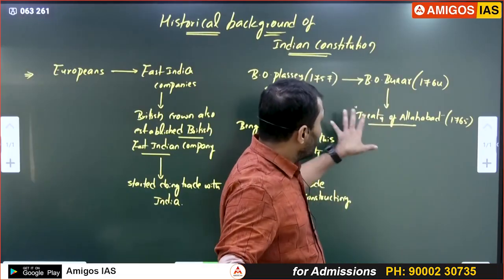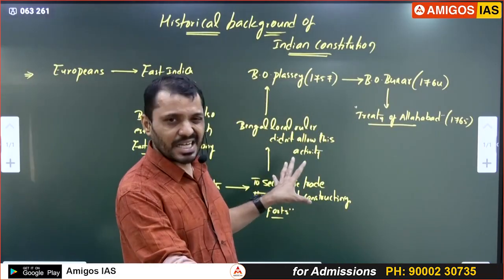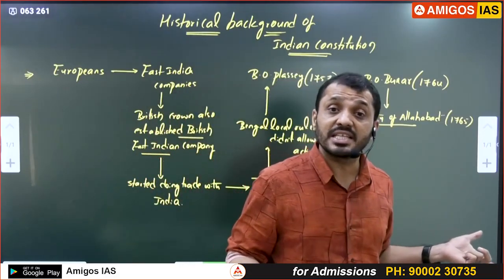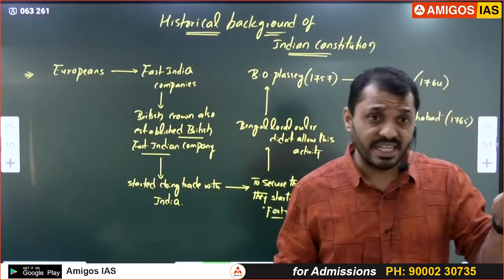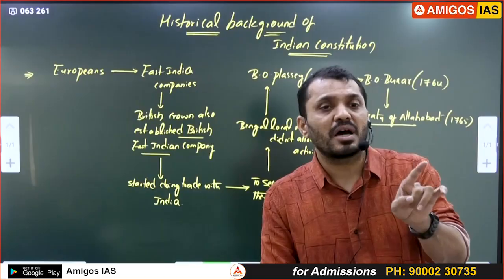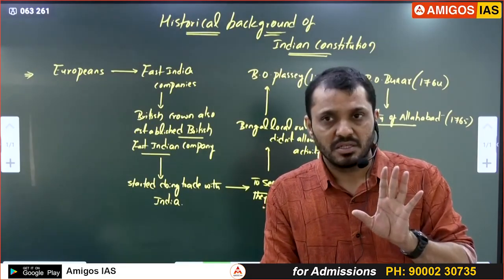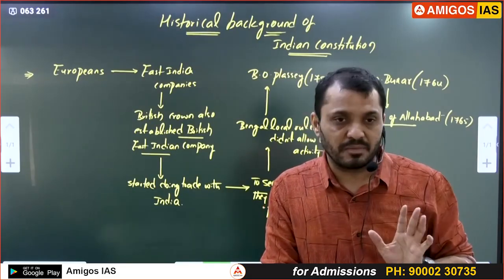Now, when the East India Company is doing these kinds of activities, who has to regulate it? Someone has to regulate the East India Company's activities in India, right? Then the British Parliament started making acts to regulate the East India Company.